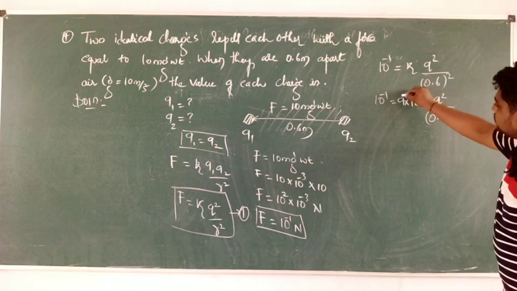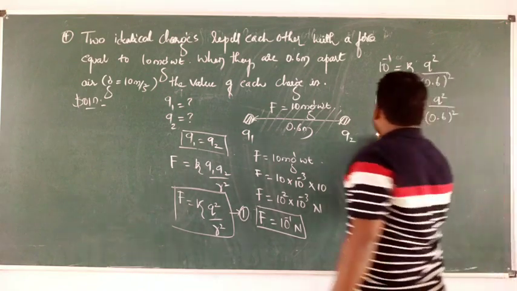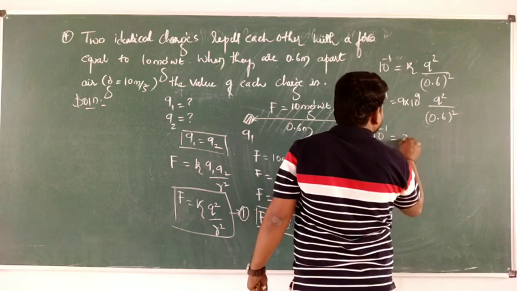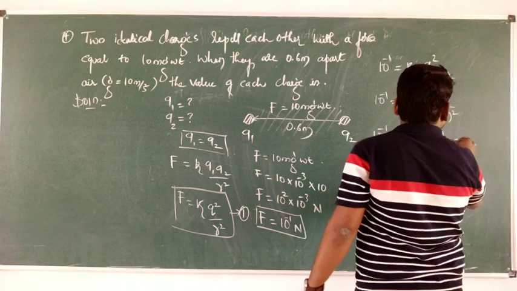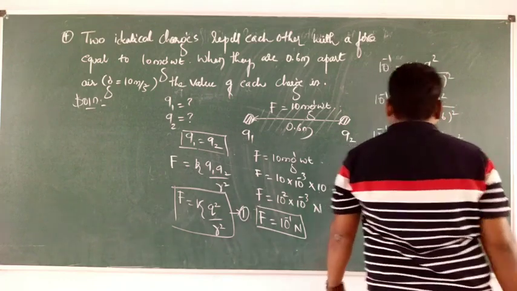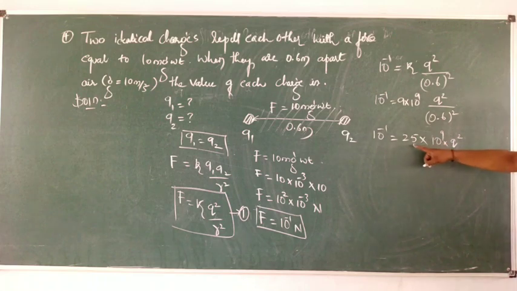So when you divide this 9 divided by 0.6 whole square, you will end up with 10 to the power of minus 1, which is equal to 25 into 10 to the power of 9 into q square.